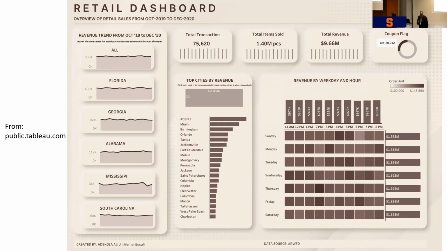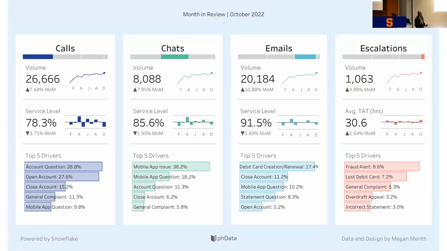And here's one more example. And this is also from Tableau. And here, what this is showing is it's describing how the customer call-in support line is working. And so they have data on how many calls were received, how many chats, how many emails, and how many of these resulted in escalations where someone had to follow back on their conversation.